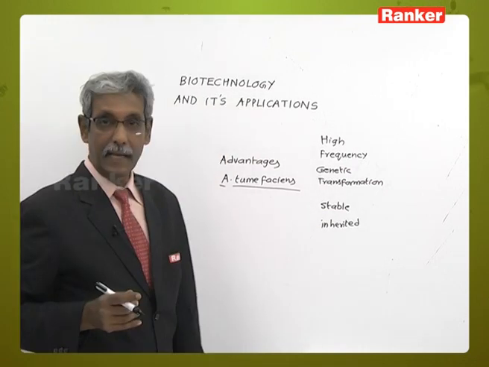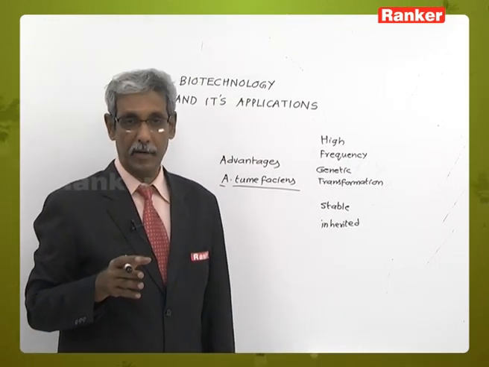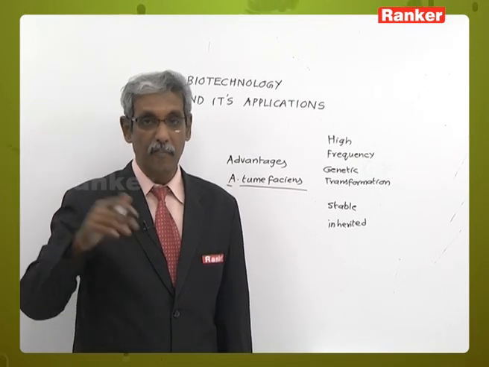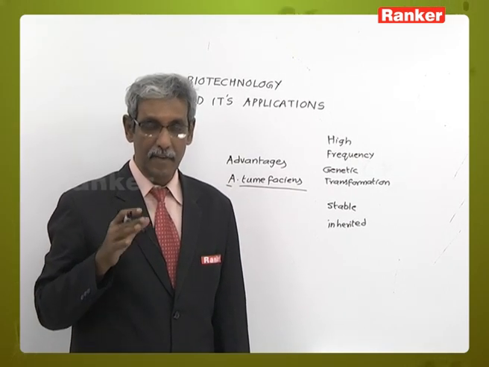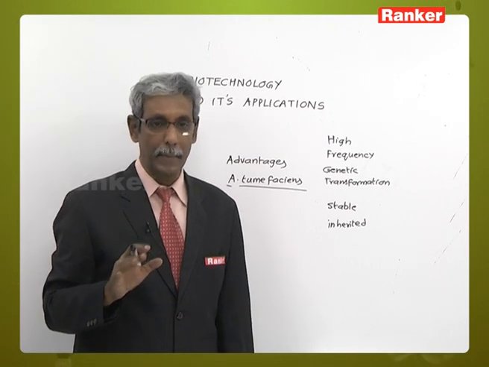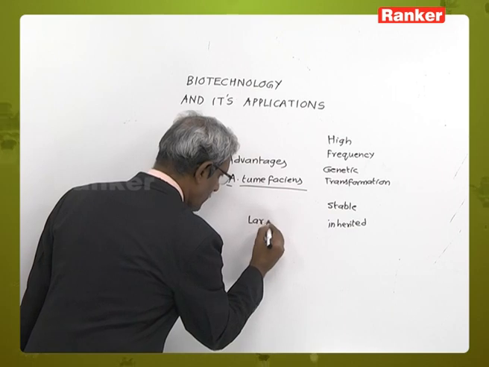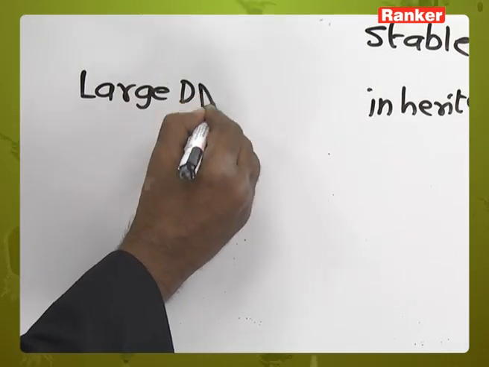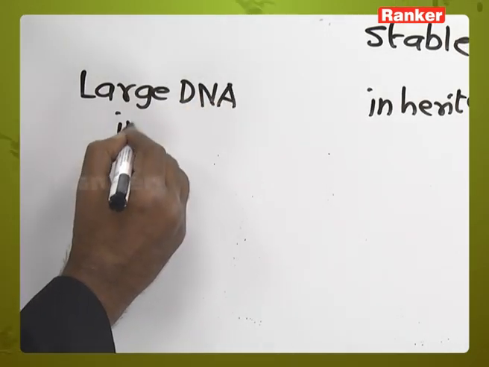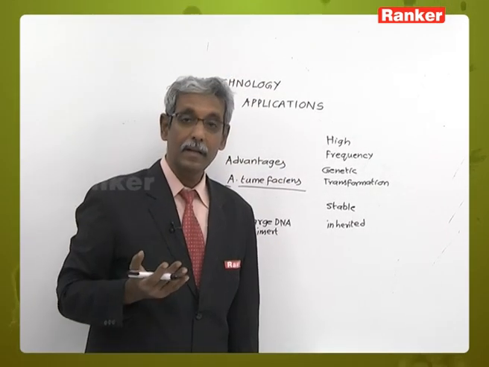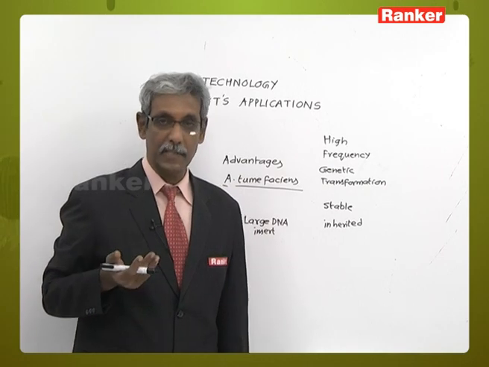Now, stability in plant biotechnology is very important, because the cells should not suffer the shock of taking a foreign gene. The cells are very stable and they show normal metabolism. Another very important point is Agrobacterium tumefaciens can always take a large DNA insert. It is just like a vehicle which carries a lot of passengers.